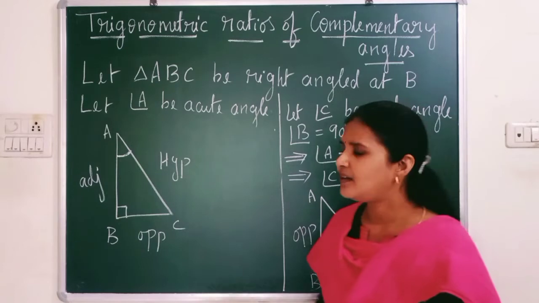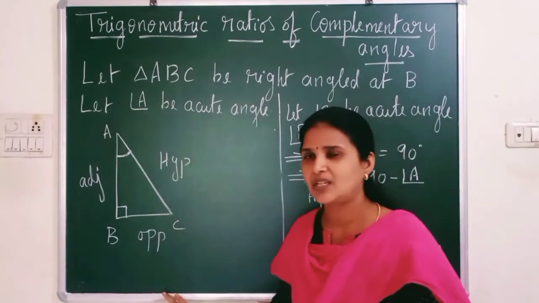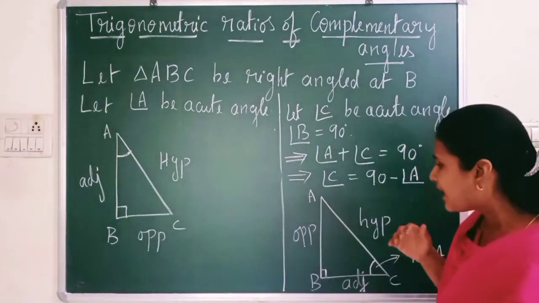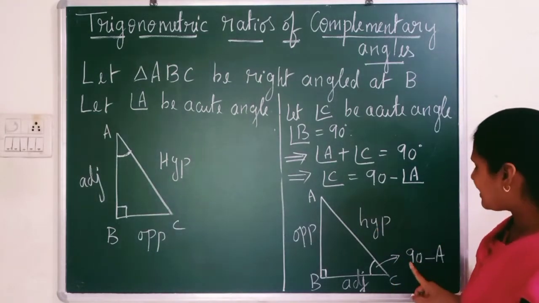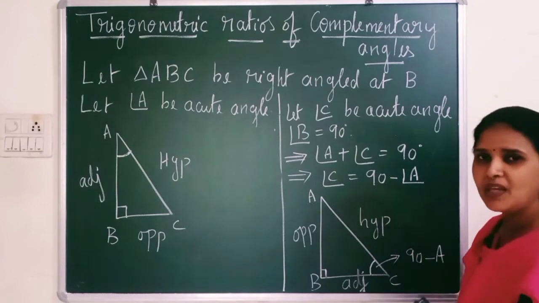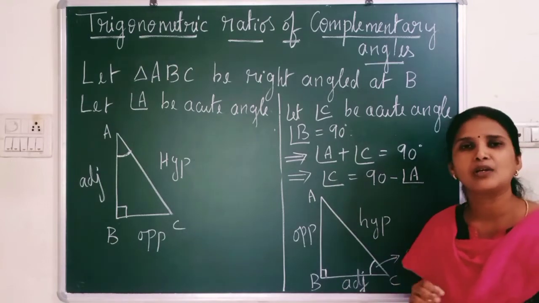Now let us write the 6 trigonometric ratios with respect to angle A, and again 6 trigonometric ratios with respect to angle C, that is 90 minus A, and compare those ratios; we get some conclusions.